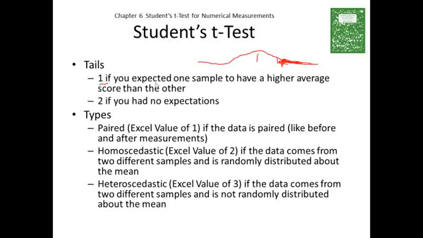When you have an a priori expectation, meaning before you even took a measurement, you had an expectation, then you do a one-tailed t-test. If you had no expectation, which by the way is usually the safe way to go, use a two-tail t-test. That's where you're looking for differences either way out here or way over here.